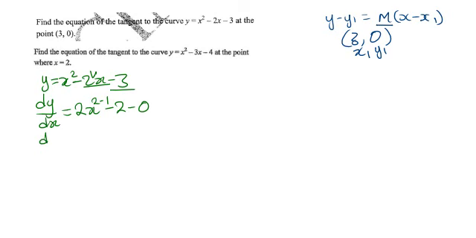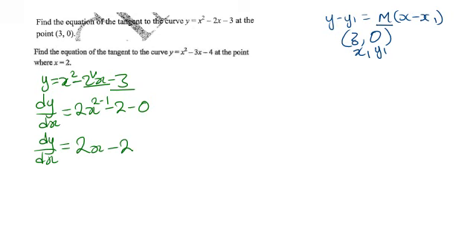Therefore, dy over dx is equal to 2x to the power 2 minus 1, which is just 1 so you don't have to show it, and then negative 2 minus 0, which is nothing, so you just end it there.